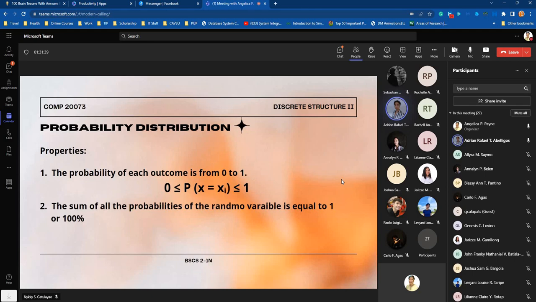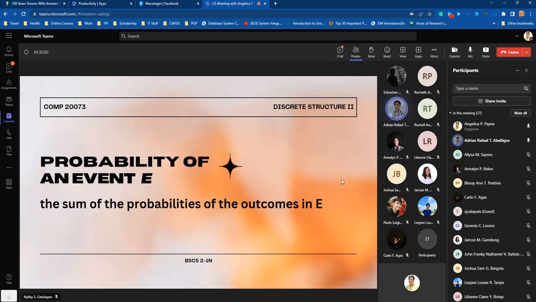Hindi tayo pwedeng magkaroon ng 2 na probability or 200%. Kapag 0 yung probability, ibig sabihin impossible, pag 1 ay certain. Then the next property is the sum of all probabilities of the random variable is equal to 1 or 100%. Pag pinag-add natin yung bawat probability, yung values ng random variable, ang sagot dapat natin ay 1.